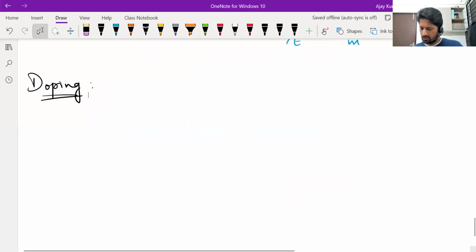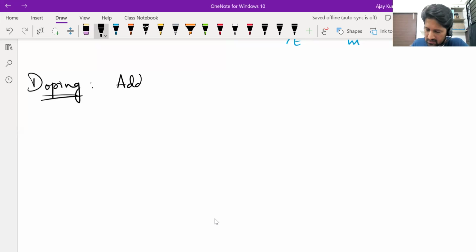Can any of you tell me what is doping of a semiconductor? Basically, doping means adding impurities. Impurities means adding atoms from other elements into an intrinsic semiconductor.